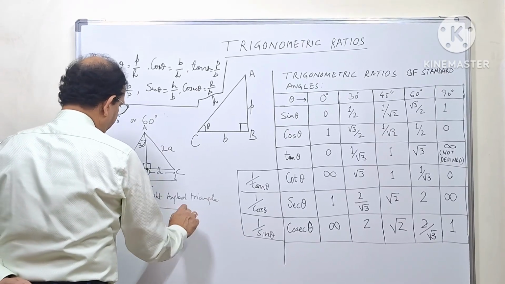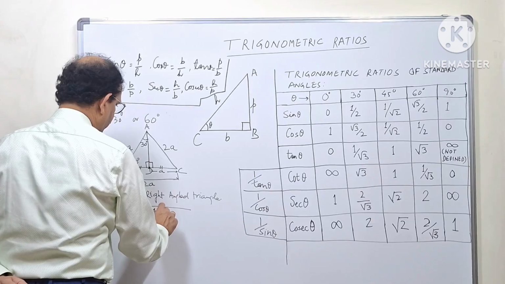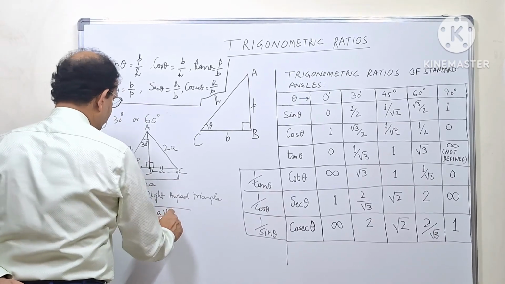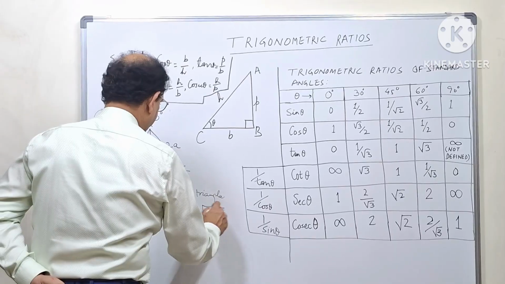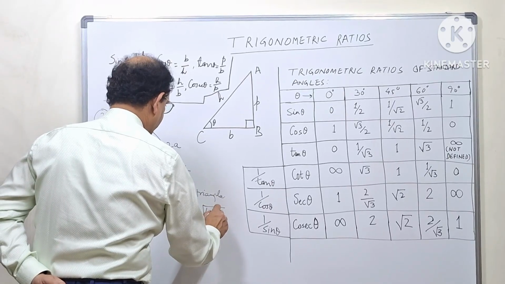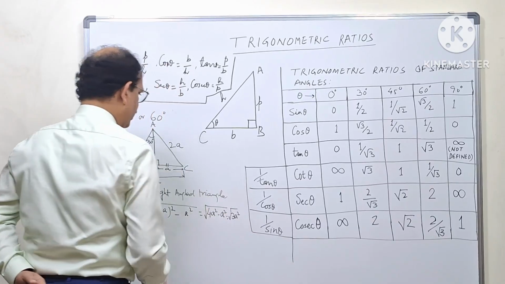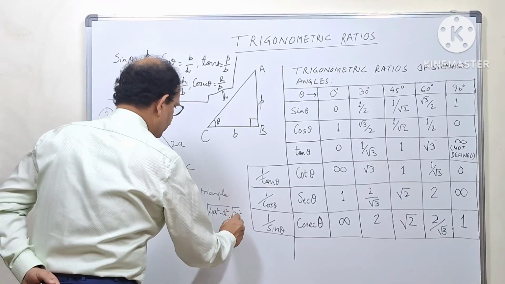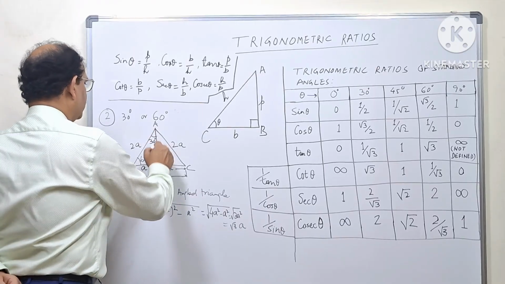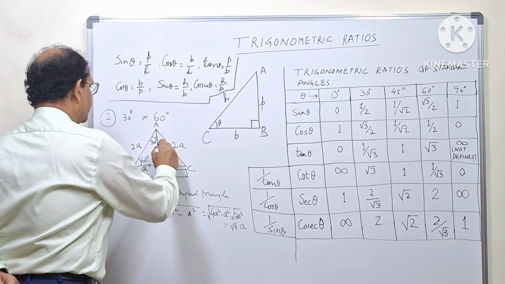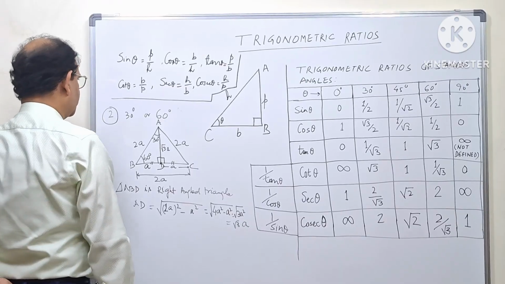But the value of AD will be the hypotenuse square, that is 2a the whole square, minus this side a square, which will be root of 4a square minus a square, which will be root of 3a square, and that can be written as root 3a. So that becomes your length AD, that is root 3 times a. Now let's try finding out the ratios.